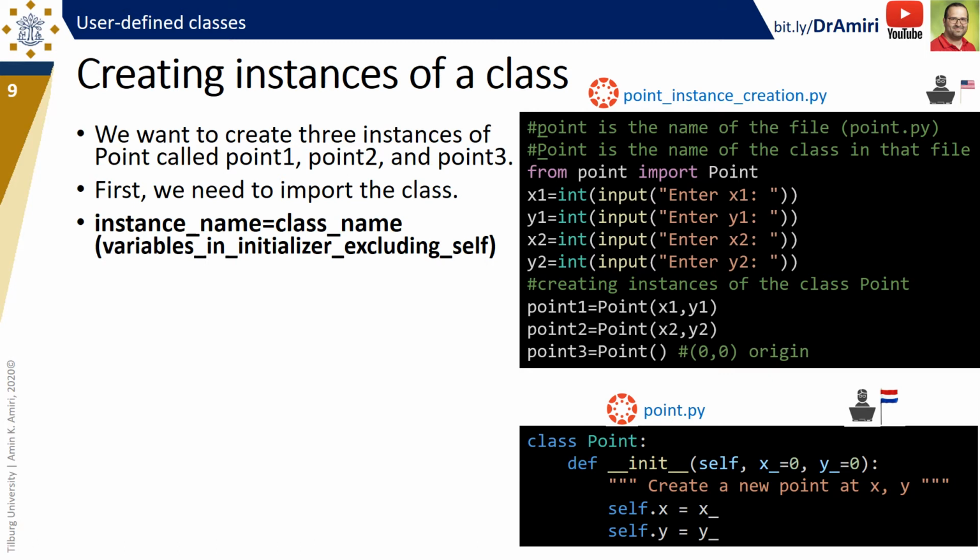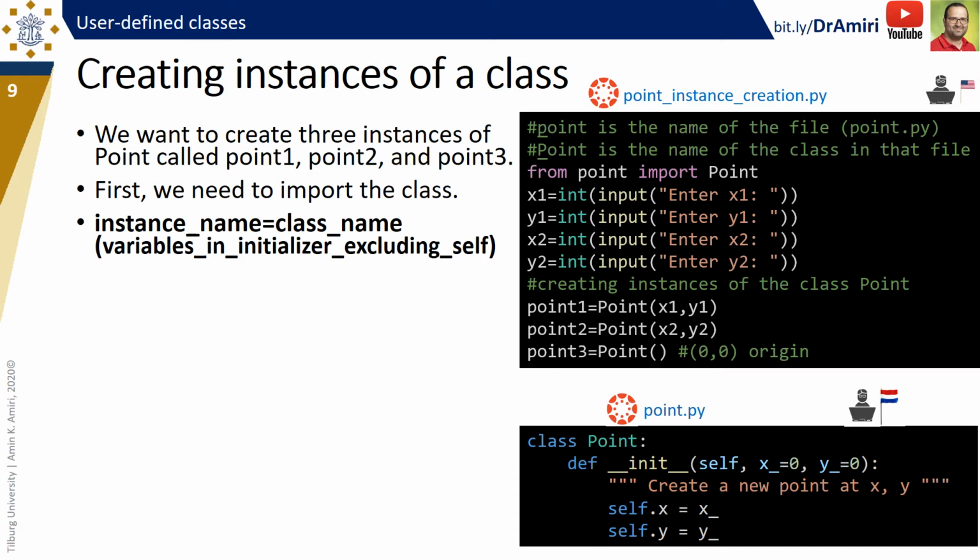To create an instance, you need to provide the instance name, then use an equal sign, then use the name of the class, and in between the parentheses, you need to provide the values for all variables that you can see there excluding self. So here you see that I have created 3 points. After point1, I provided an equal sign and then the name of the class, and then I only provided two values, x1 and y1.